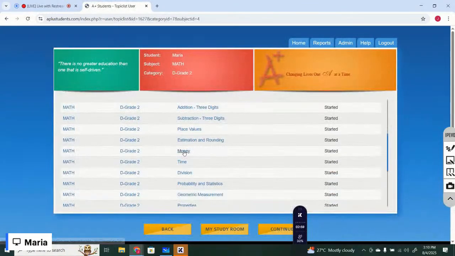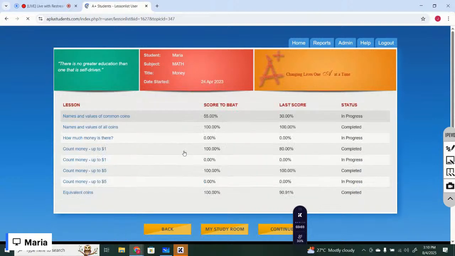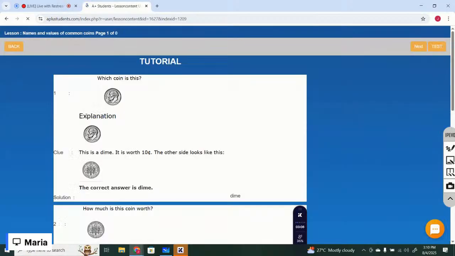Okay, let's just start with the first lesson, money and names and values of common coins.